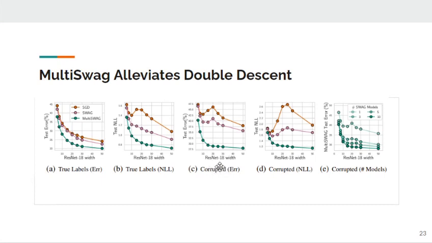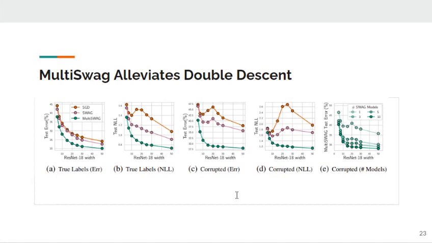So this is somehow corrupted data. And section D shows negative likelihood when 20% of the labels are randomly reshuffled. Again, the corrupted data, so we have noise here. And again, we can see how MultiSwag, the green line, is performing compared to SWAG and SGD here.